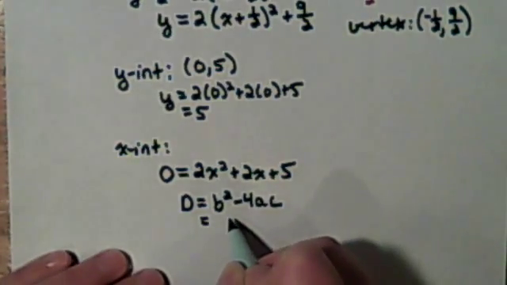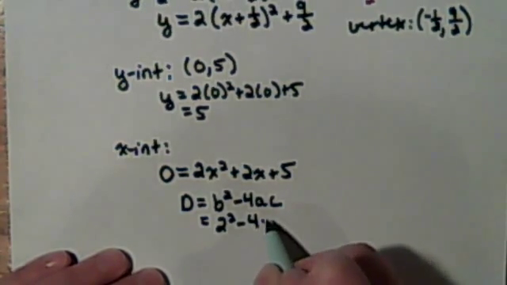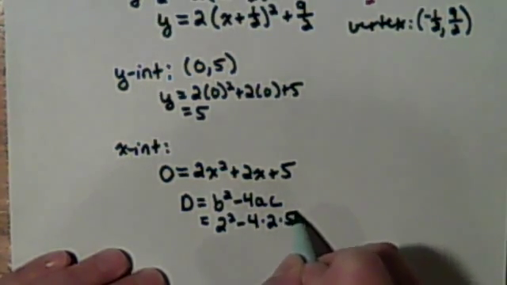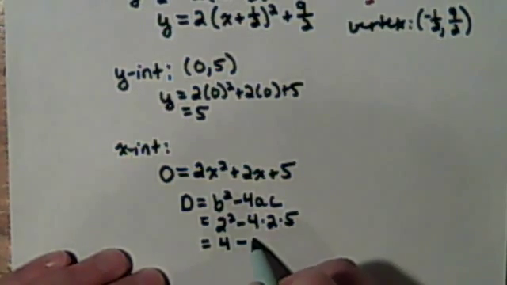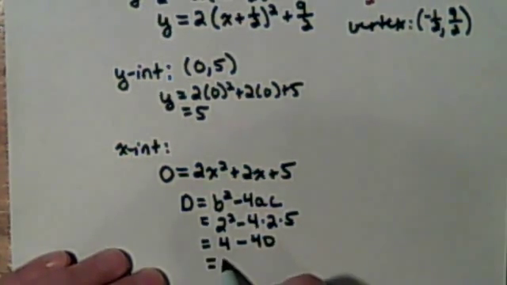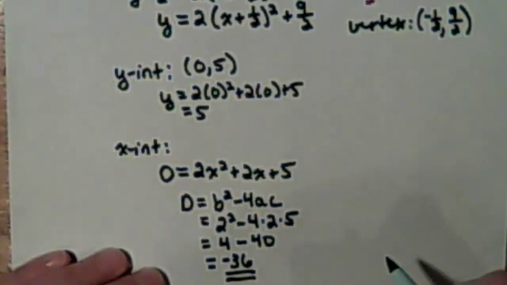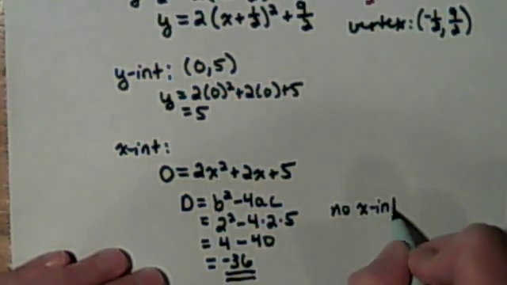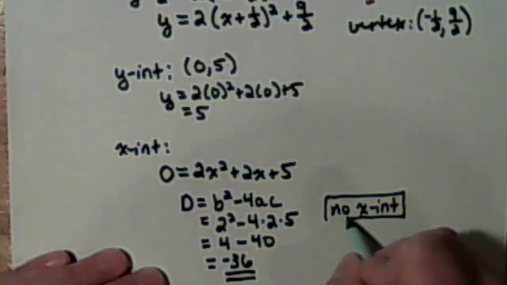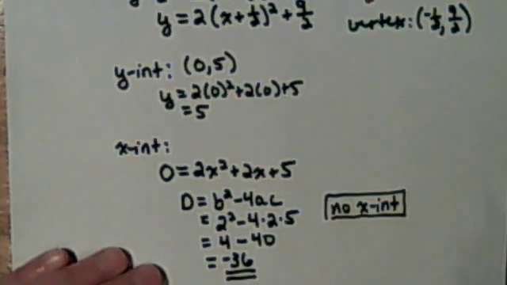If I plug in, I get 2 squared minus 4, my a is 2, my c is 5, and I end up with 4 minus 40, which gives me negative 36. Again, if I get a negative value for my discriminant, that tells me that there are no x-intercepts. So algebraically, that's a way to confirm that there are no x-intercepts.